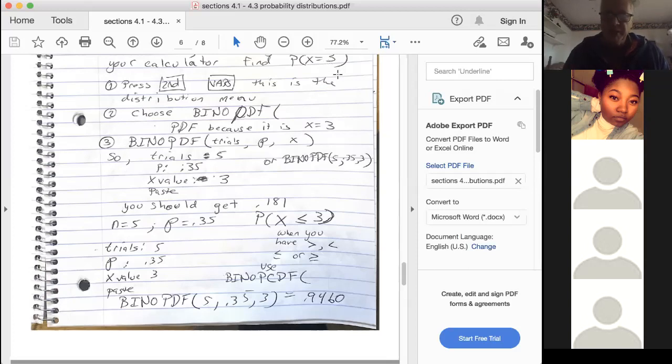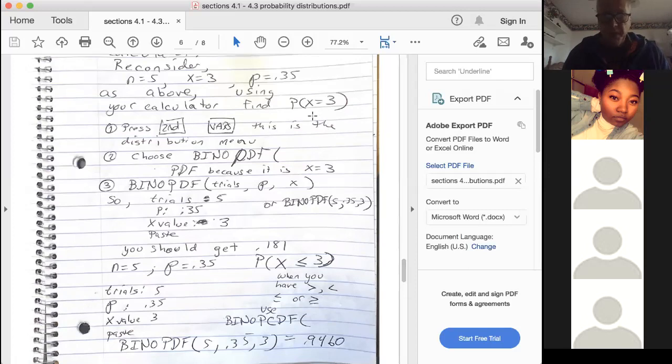The CDF is used when we have a less than or equal to, or sometimes a greater than or equal to, but especially when we have a less than or equal to. So since this first question that we just did, wanting to find the probability that x equals 3, is a single number exactly equal to 3, I'm going to use the binomial PDF.